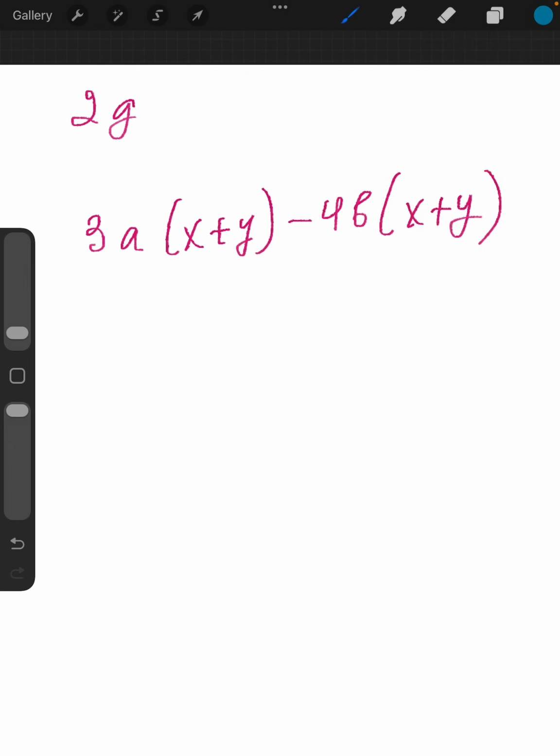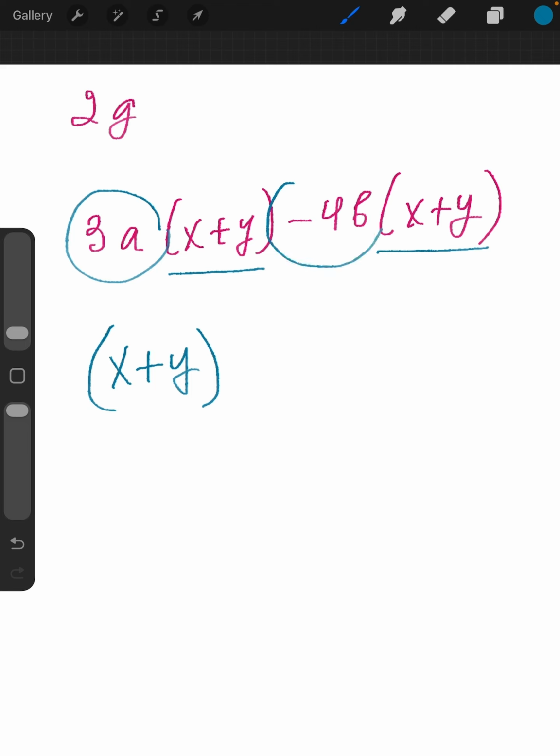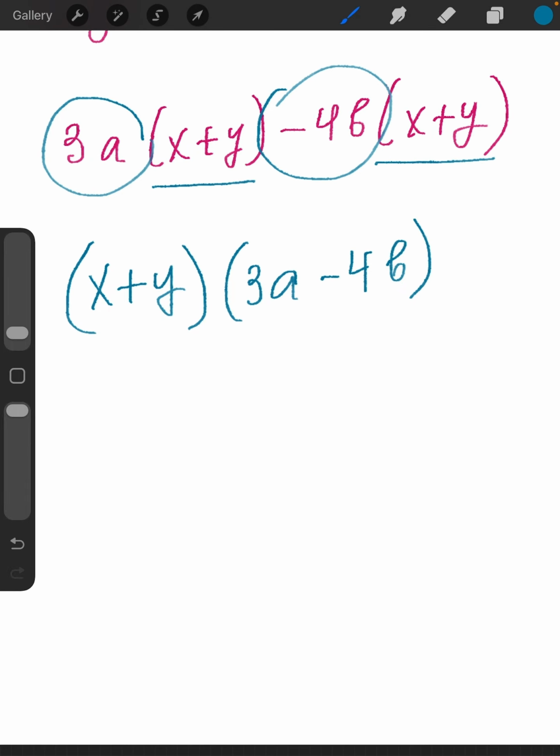But in this case, we've got an expression that repeats on both sides. So we will take out x plus y, okay? And then we will put these terms inside the parentheses. So 3a minus 4b.